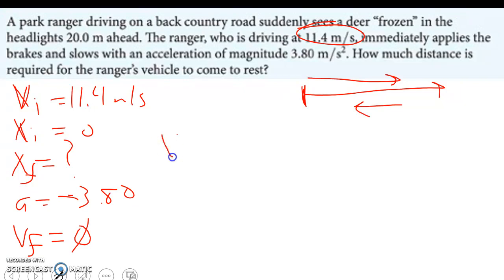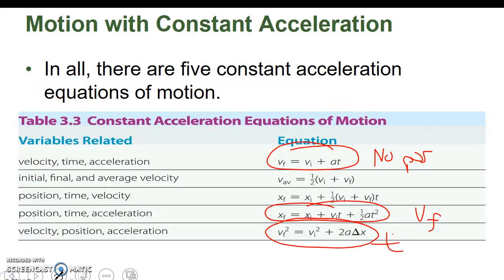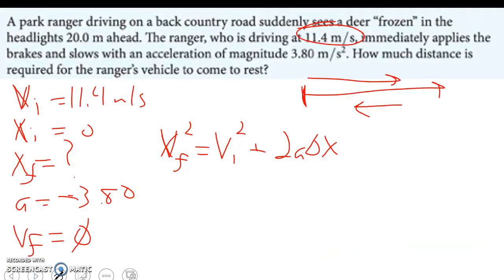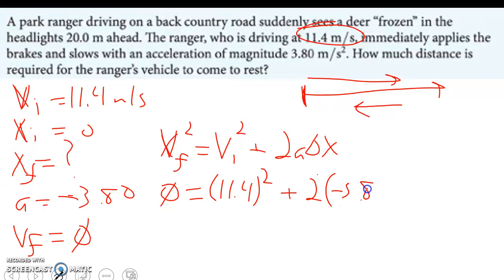So right away, final velocity squared equals initial velocity squared plus 2a times my change in position. So I'm going to go with this equation right here because we don't know time. My final velocity is 0. My initial is 11.4, all squared, plus 2 times negative 3.8.